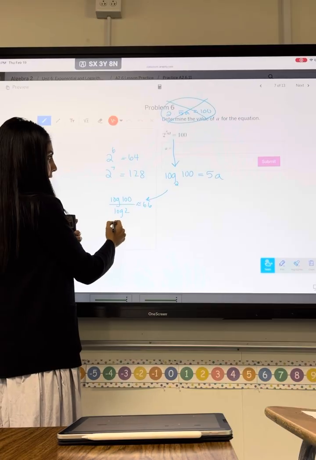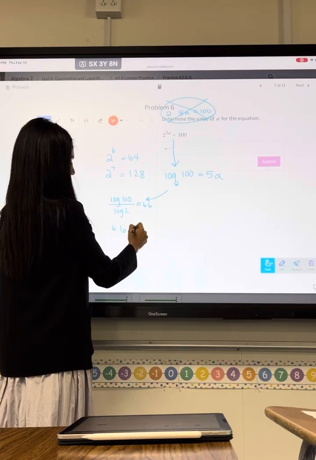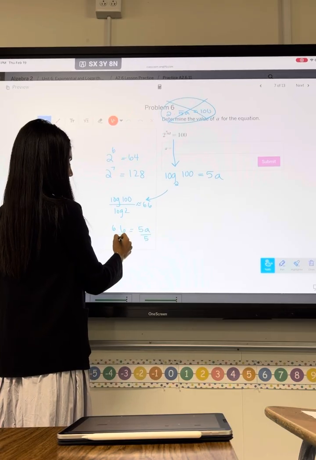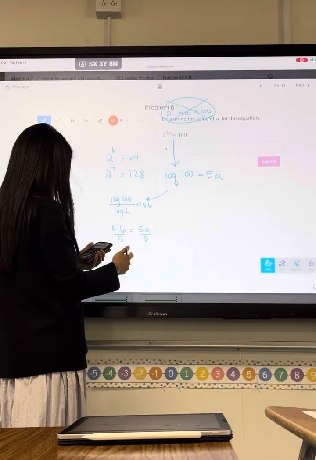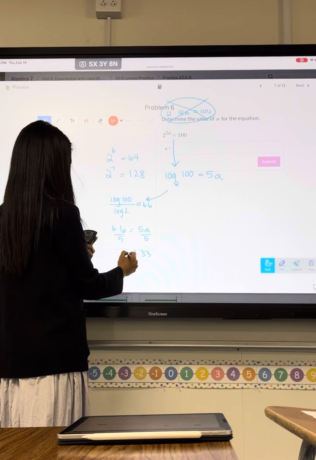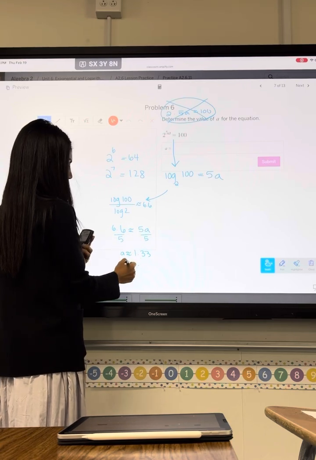So some of you might say, okay, 6.6 equals 5a, and then you'll divide both sides by 5, and you'll get that a equals 6.6 divided by 5, which is 1.33. Approximately. All of this is approximately at this point, because we rounded, all right?